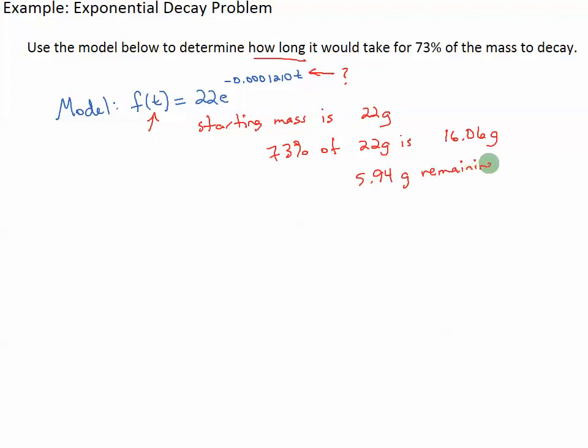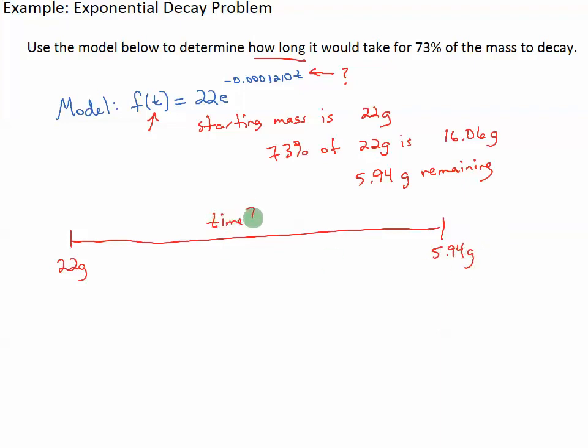Okay? So here's a picture of it if you want. I start with 22 grams, and 73% of the mass decays, which means I'm left with 5.94 grams. The question is, what's the time that it takes for this to happen?